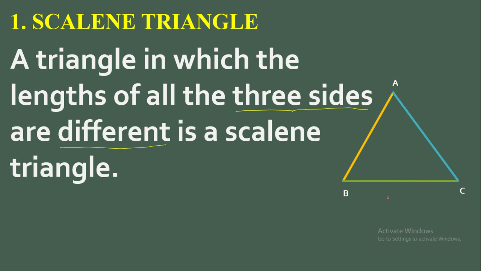If we consider the length of BC as 6 centimeter, AC as 5 centimeter, and AB as 4 centimeter, these three sides have different lengths. So it's a scalene triangle.